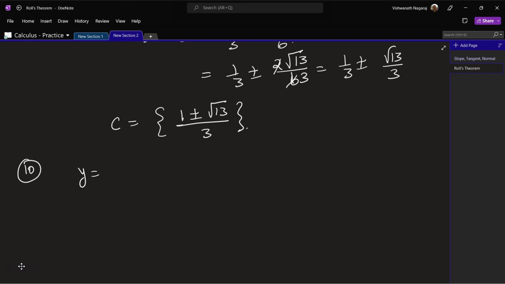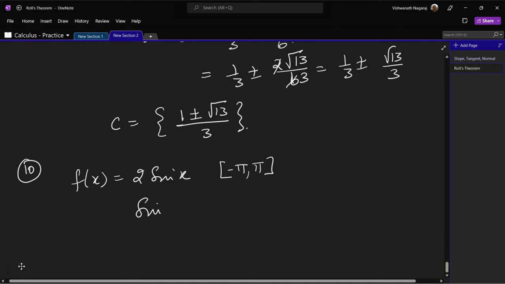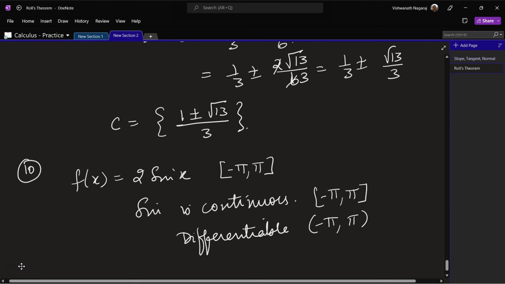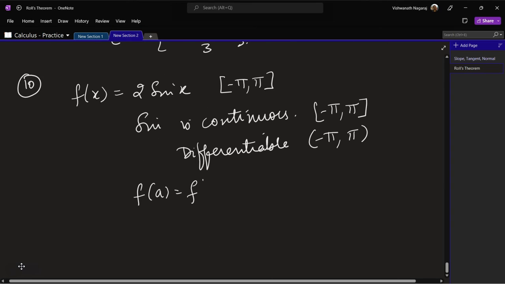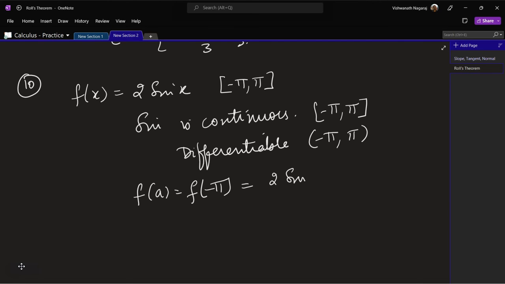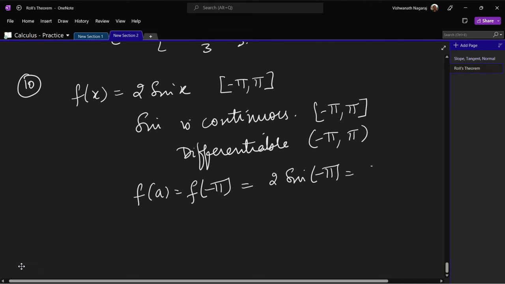f of x is equal to 2 sine x in the interval minus pi to pi. Sine is continuous in the interval minus pi to pi, and is differentiable in the open interval minus pi to pi. f of a is equal to f of minus pi, which is equal to 2 sine minus pi, which is equal to minus 2 sine pi.